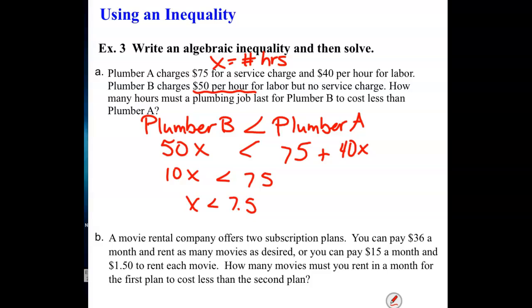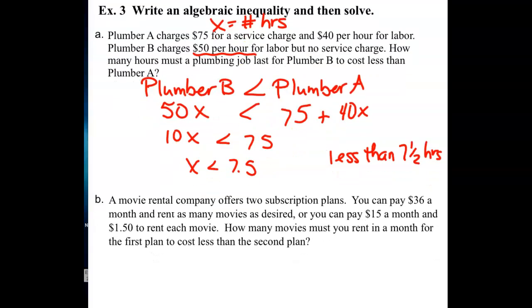Yes, there's a service fee, but I make up for it by the reduced rate per hour if they're going to be there for a lot of hours. Okay? All right, so to answer the question, it needs to be less than 7.5 hours.